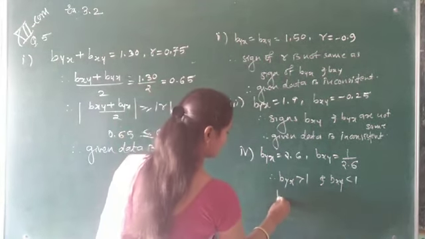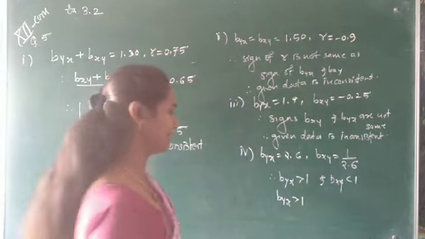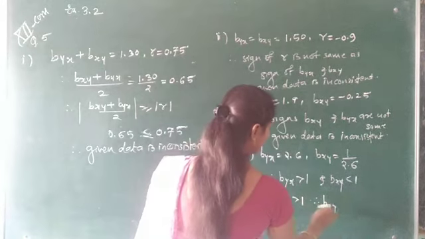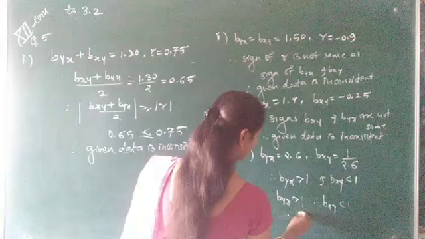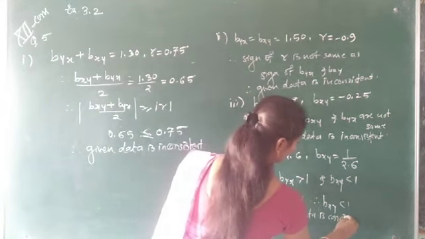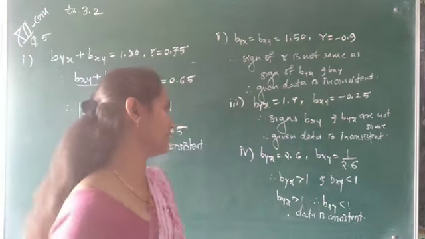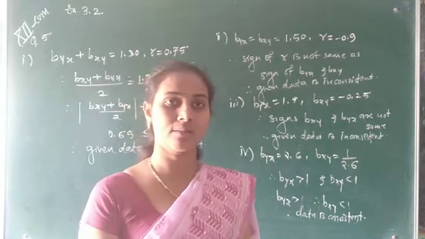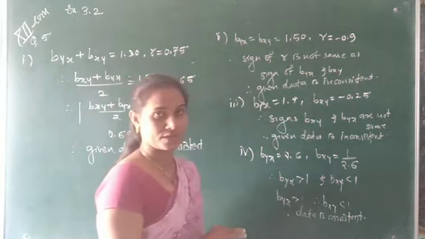Hence byx is greater than 1 and bxy is less than 1. Therefore the given data is consistent. Remember that these are the questions for you. The whole question depends upon the properties of regression coefficients, which are very important.